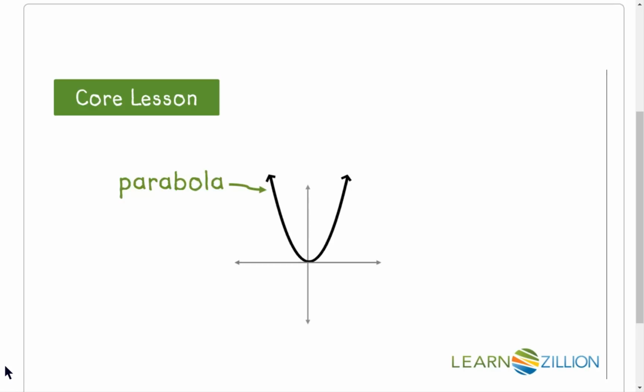Here we have a parabola. A parabola is the name of the shape of a quadratic function. The axis of symmetry will cut the parabola into two parts that are mirror images across the axis of symmetry.